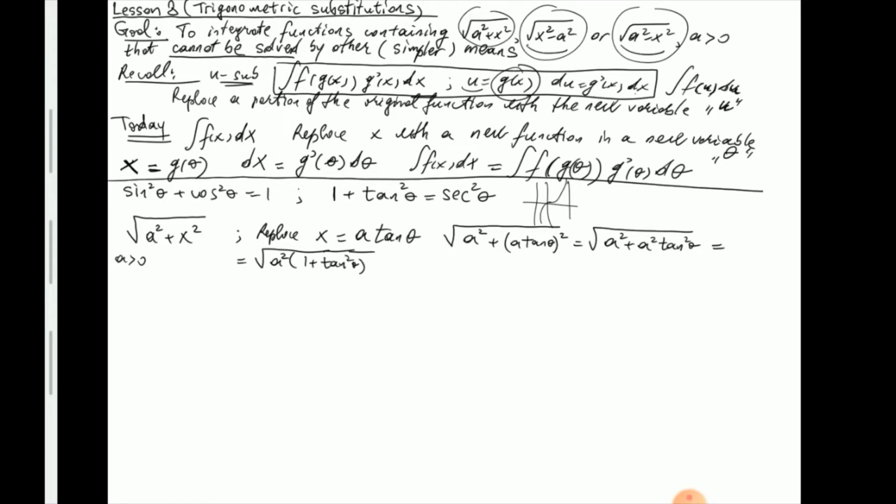And now the magic happens because we have an identity that replaces 1 plus tangent squared with secant squared. That is the reason why we made this substitution in the first place. So we managed to have a perfect square inside the square root, and then finally this allows me to cancel the radical with the square.